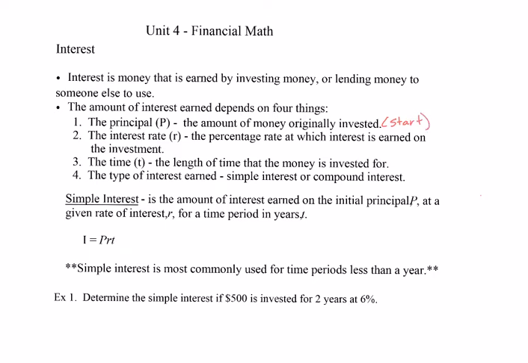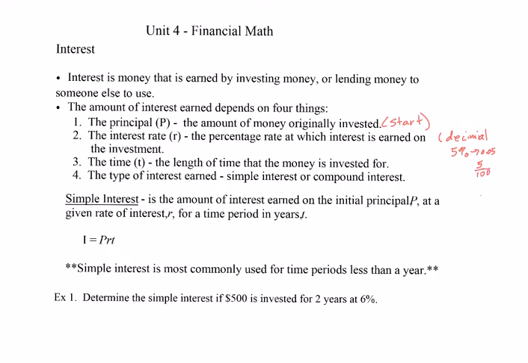And the interest rate is the percentage at which the interest is earned, and that R value is a decimal. So for example, if I had 5%, this would be 0.05, and it can be calculated by taking 5 and dividing by 100.